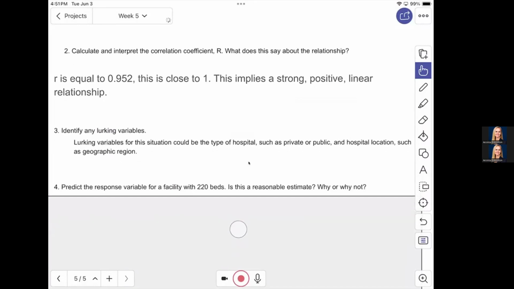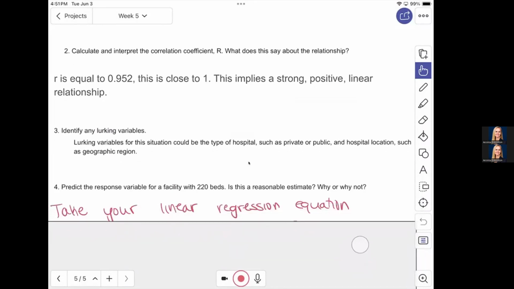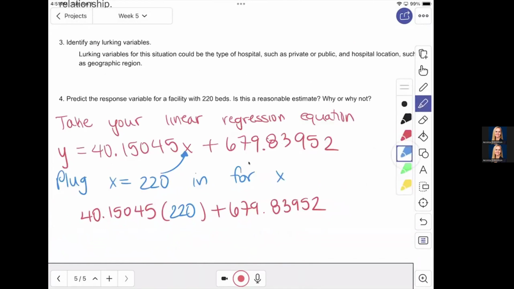And then it says predict the response variable for a facility with 220 beds. Is this a reasonable estimate? Why or why not? Well, what we'll do is take our linear regression equation. I took my M, right? We get these numbers from our Desmos, and I have my B, and I can create this equation, where Y is equal to 40.15045x plus 679.83952.